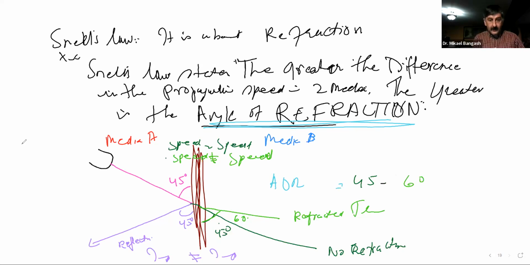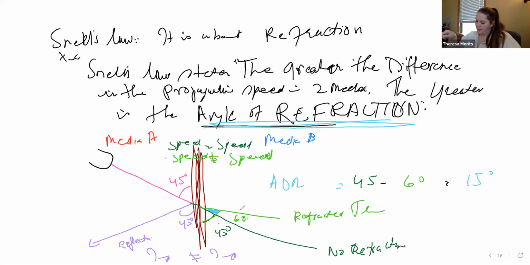So in this case, our angle of refraction is 15 degrees. This is the angle, or the extent to which, the beam was refracted. Did you guys get that?